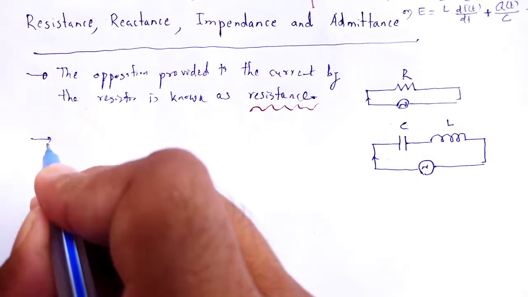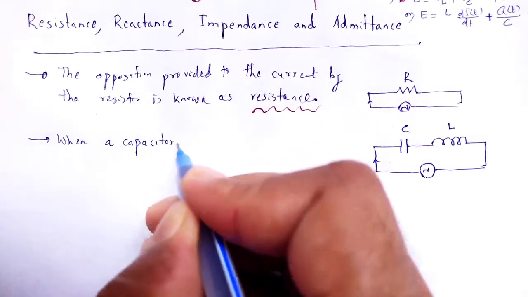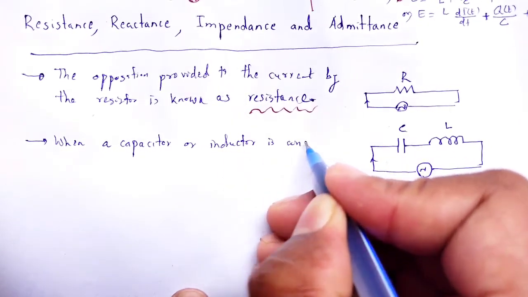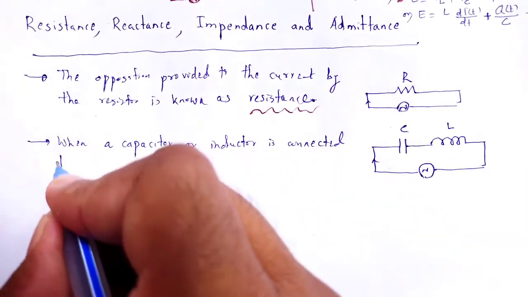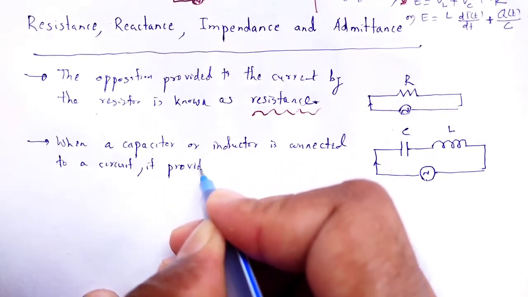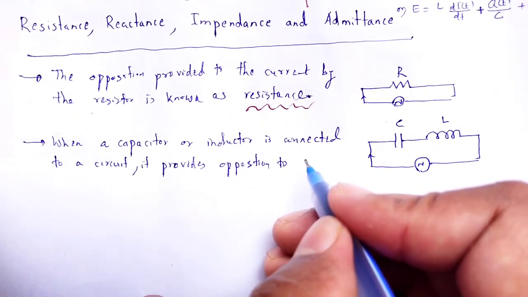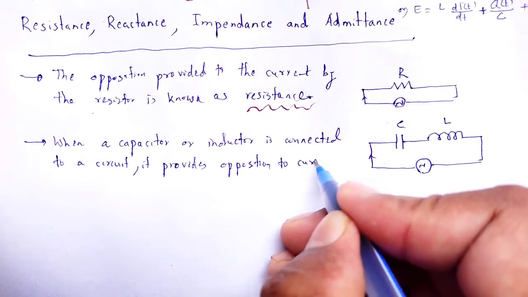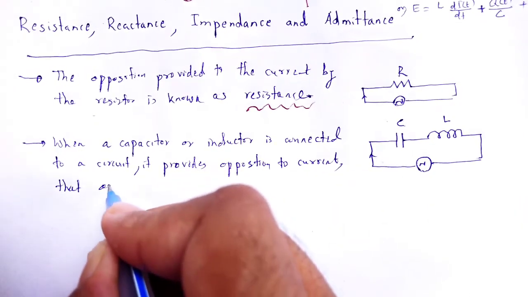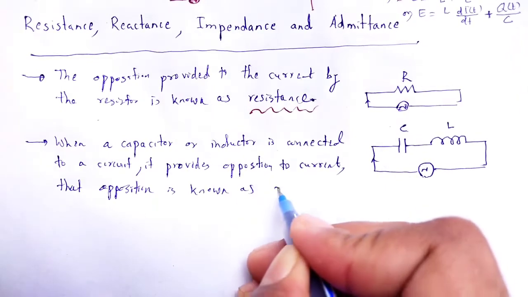Look here, when a capacitor or inductor is connected to a circuit, it provides opposition to current. That opposition is known as reactance.